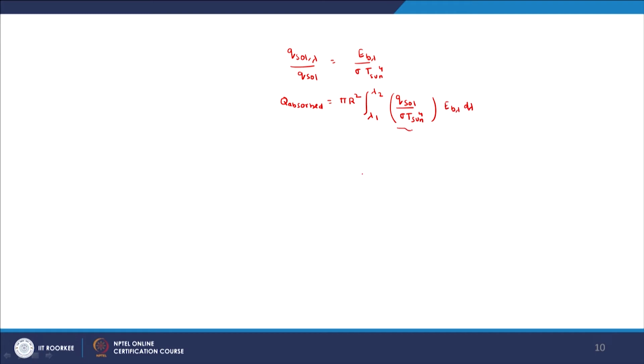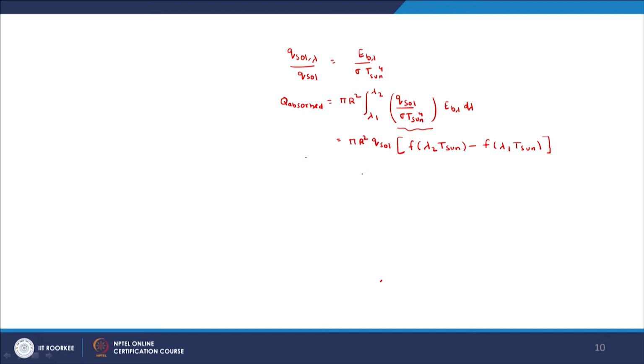This quantity is independent of wavelength and we can take it out, and all we are basically left with is pi r square q sol times f lambda 2 T sun minus f lambda 1 T sun, where f is basically the normalized black body function.